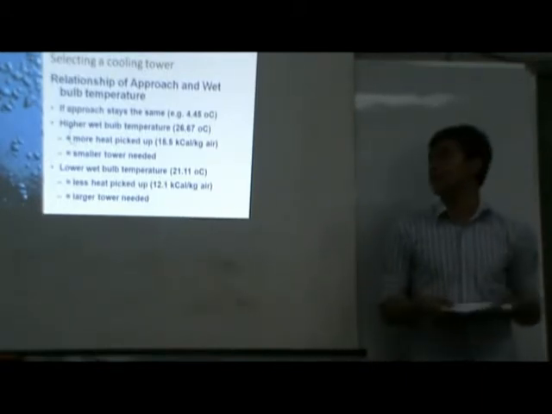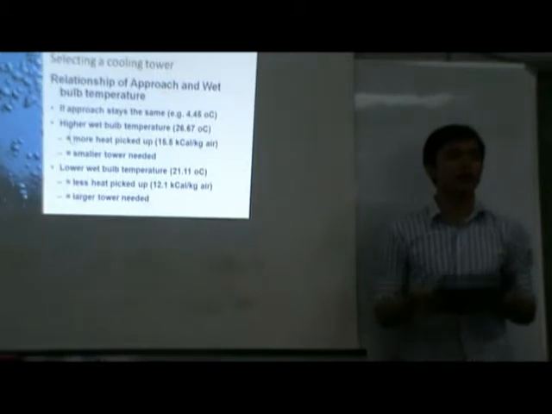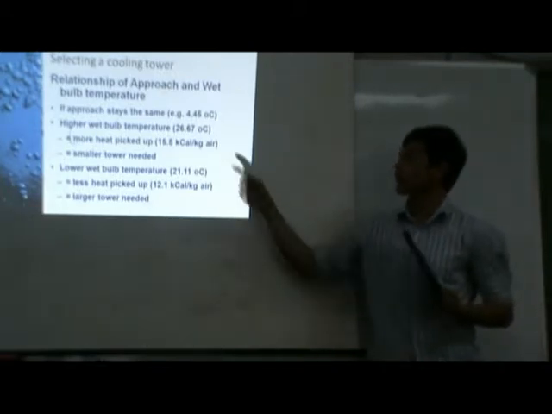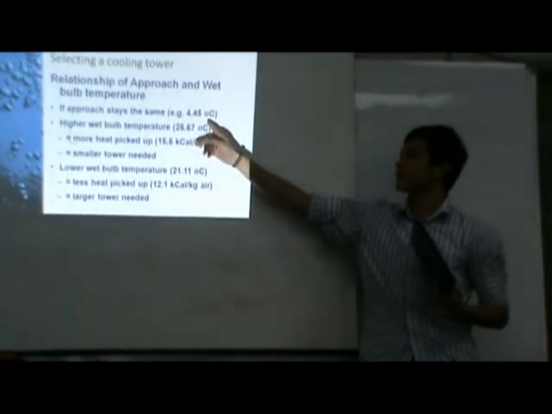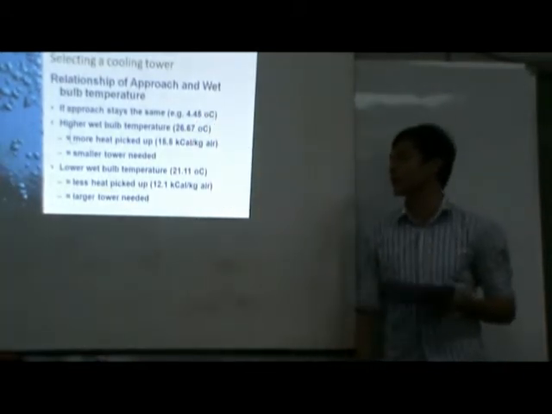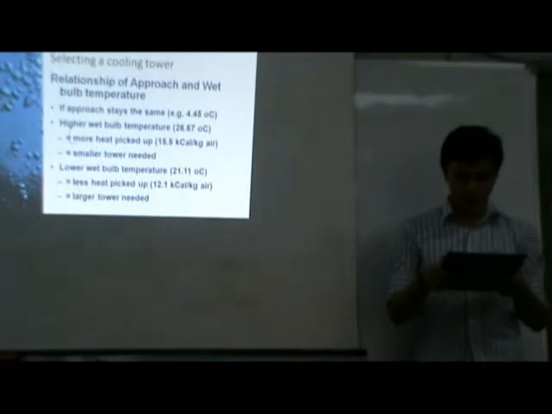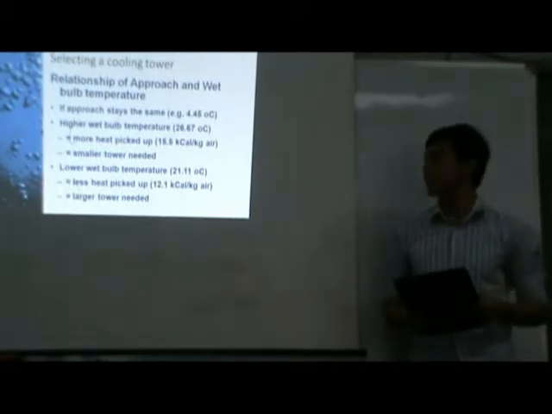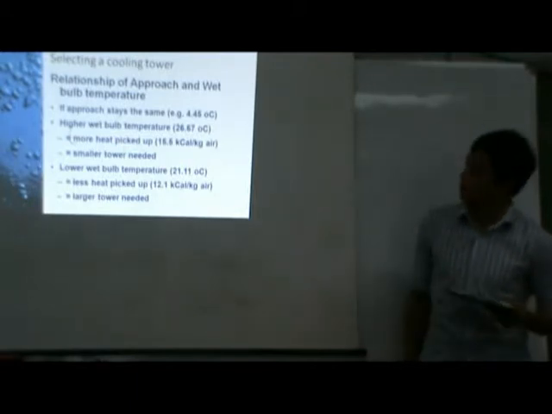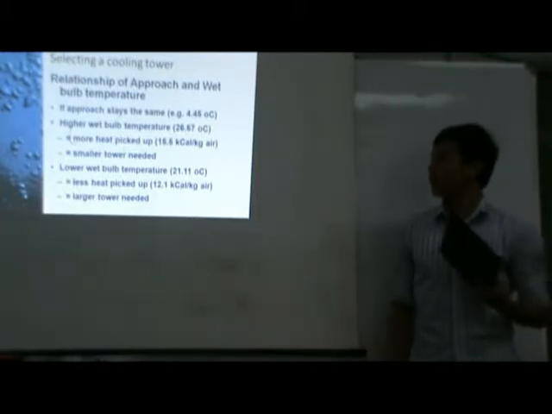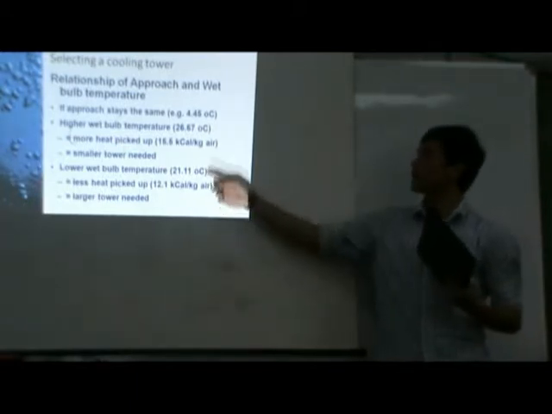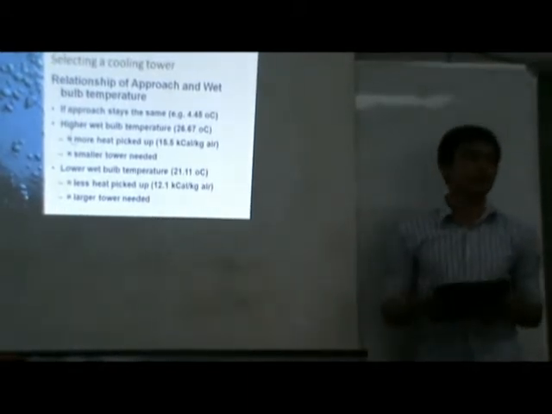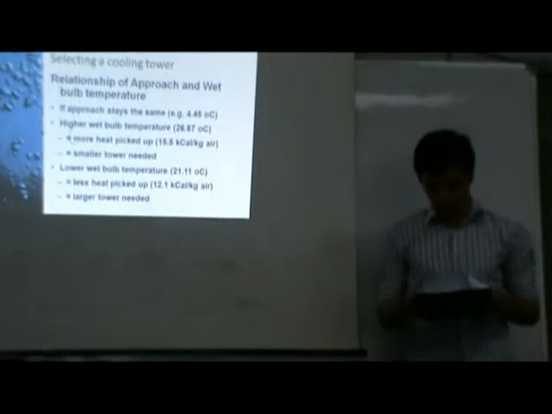More heat picked up, ibig sabihin, smaller tower needed. Lower wet bulb temperature, pag approach natin ay stays the same, 4.45 degrees Celsius. Lower wet bulb temperature naman gamitin natin, 21.11 degrees Celsius. Less heat is picked up. So, ayan, 12.1 kilocalories per kilogram air. Compare natin dito, mas mababa. So, larger tower needed pag mas maliit yung wet bulb temperature natin.